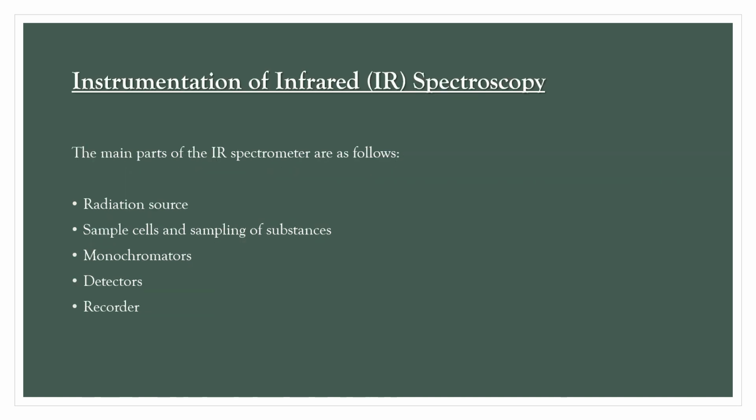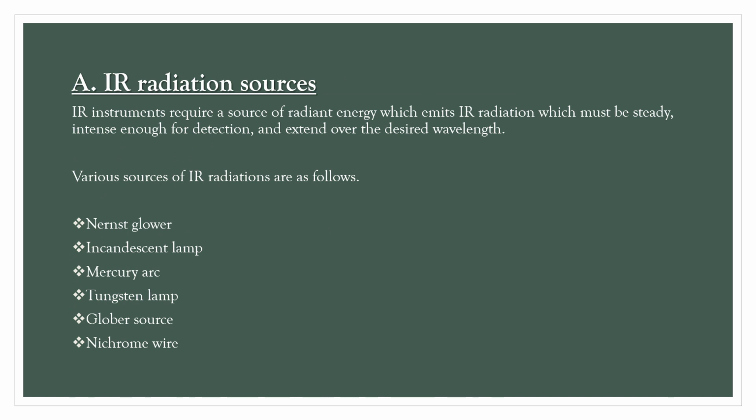Instrumentation of infrared spectroscopy. The main parts of the infrared spectrometer are as follows: radiation source, sample cells and sampling of substances, monochromators, detectors, recorder. Infrared radiation sources.